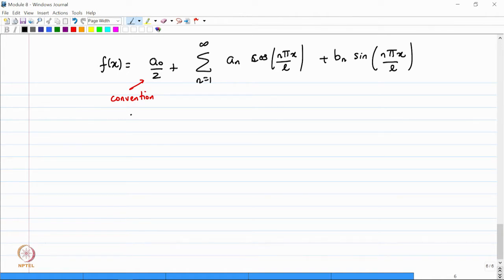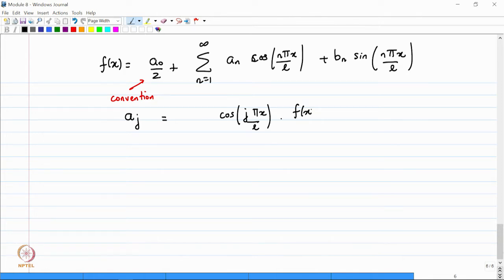So, I can write a n is equal to, okay. Now, I have to take a dot product of this function with this basis. Or let me write a j is equal to, so I will take now in this case the dot product. So, I have cos j pi x by L. Now, I have to take a dot product with f of x.